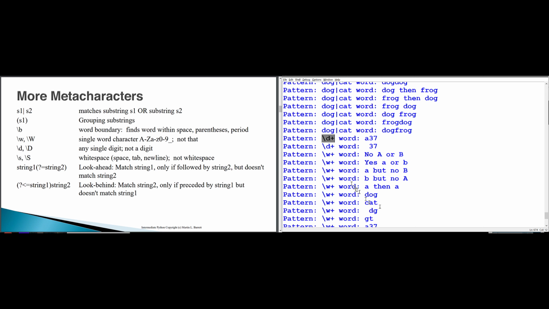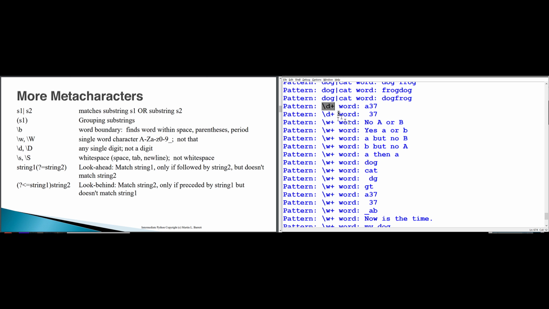So we have a ton of matches for word characters because a tremendous number of these have either an uppercase letter or a lowercase letter or a digit or an underscore. All right, so we have a ton of matches for those examples.